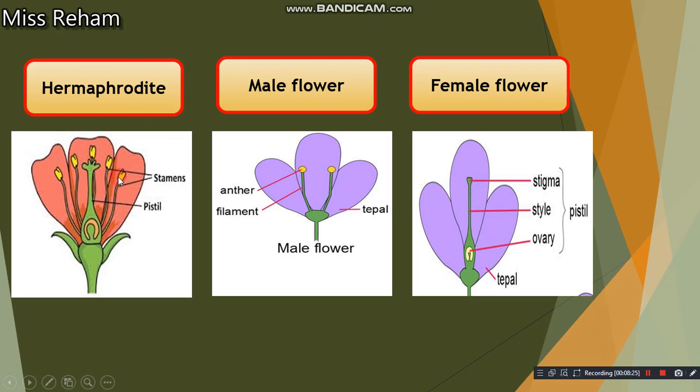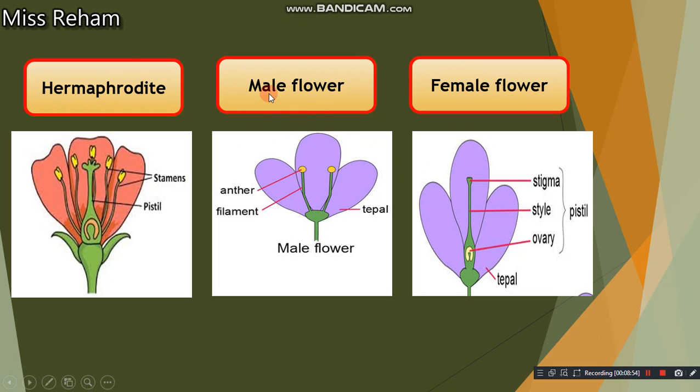You can see that it has both male organs and female organs, both of them. So this flower is called hermaphrodite.